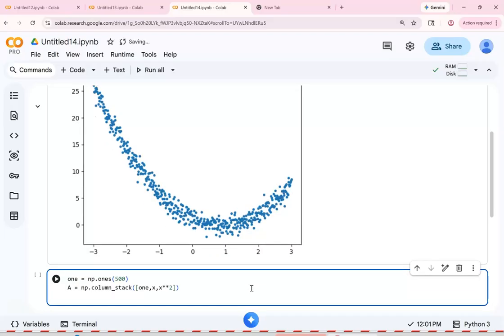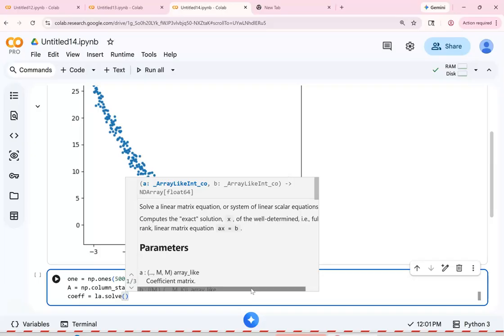And now we can actually solve our system in a couple of ways. One way we did it last time was to literally type in the LA dot inverse of A transpose A times A transpose times B, or in this case times the y's. You can also use the solve command under linear algebra. Remember, we could also solve the normal equations, right? Remember, your normal equations are A transpose A, x equals A transpose b. That's our normal equation, right?